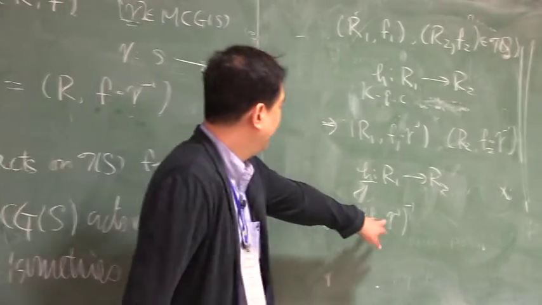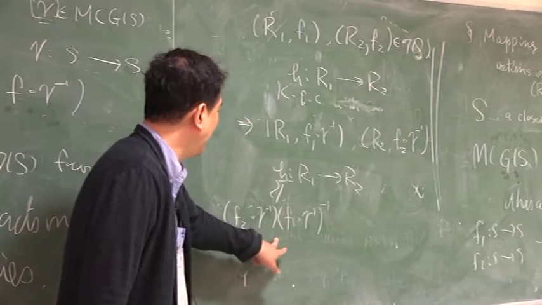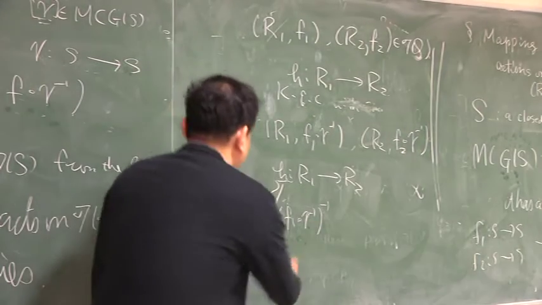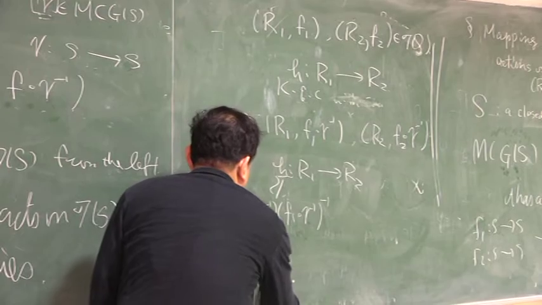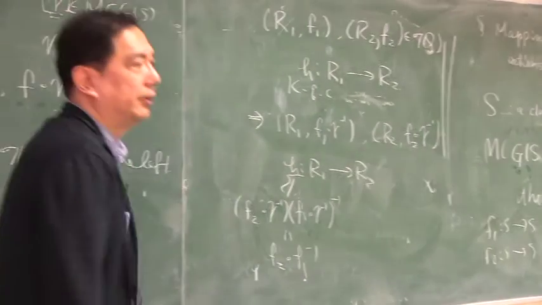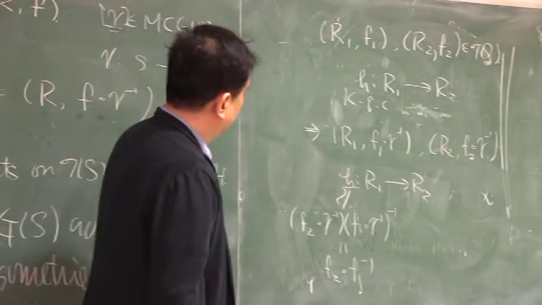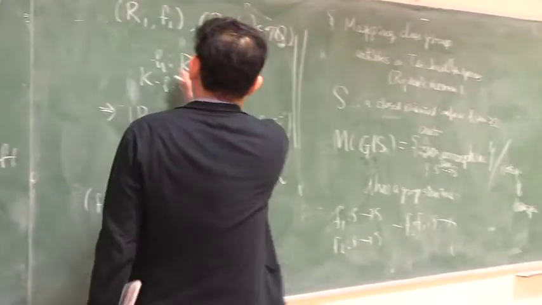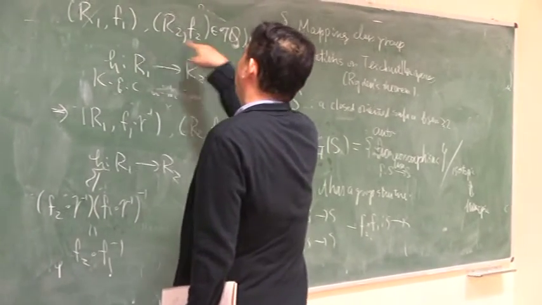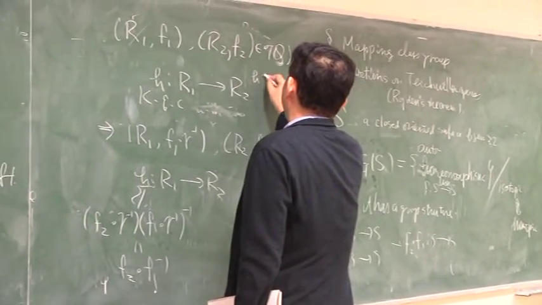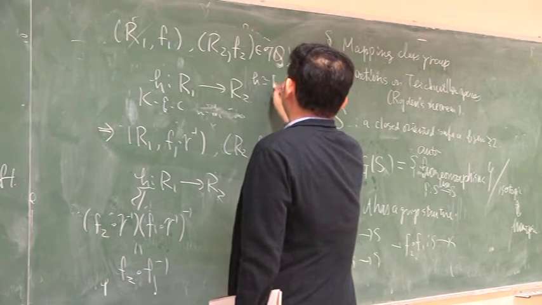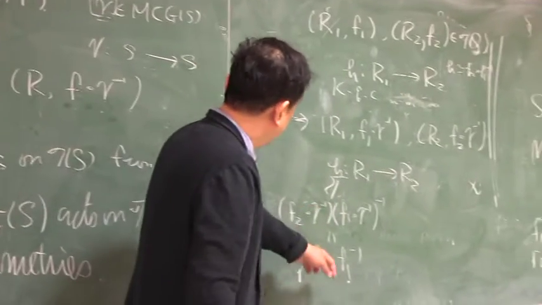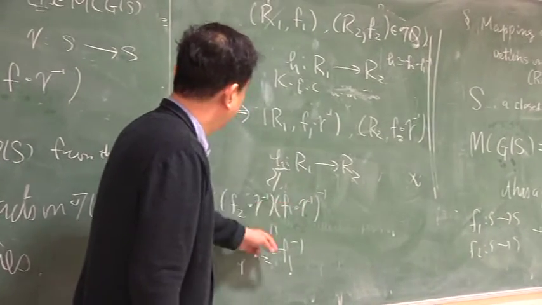So if you consider the inverse of that one, you have gamma composed with f1 inverse, and that is equal to f2. Because that should be in the homotopy class of that, this should be homotopic to that.